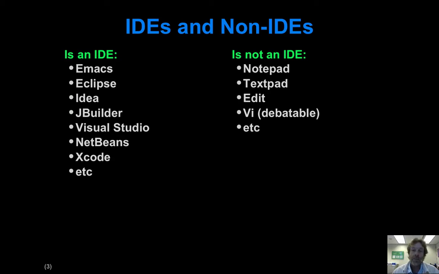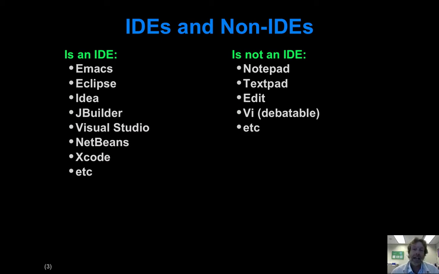And then there's some editors that aren't IDEs, like Word or Notepad or TextPad. I claim that VI is not an IDE, although some people might dispute that, but they're wrong. It's not an IDE. Sometimes I see people, particularly younger, more junior developers, still clinging to using Notepad or TextPad for their development, and I want to help you get to the point where you would never even think of using Notepad to do programming.